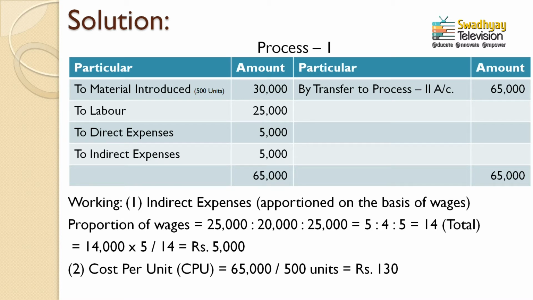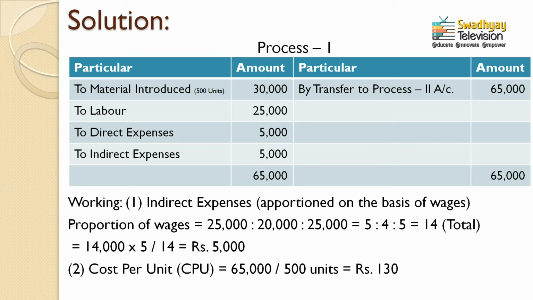So 130 rupees is the cost per unit of process 1. In short, we don't have any income in the process 1 account, and the total cost incurred is 65,000 rupees. This total cost divided by the number of units manufactured is your answer, the cost per unit of rupees 130.